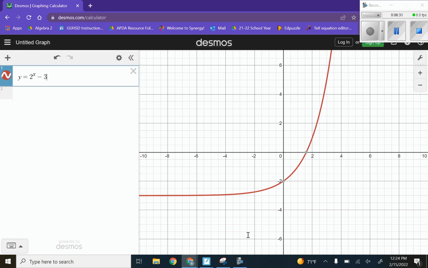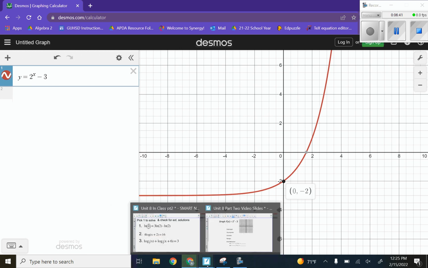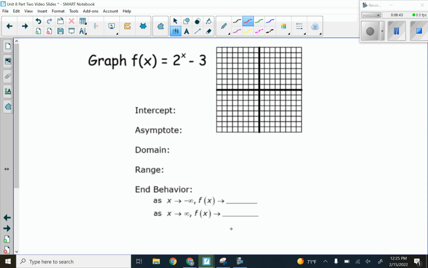Notice now this function shifts down because of that minus 3. So our intercept is at 0, negative 2.